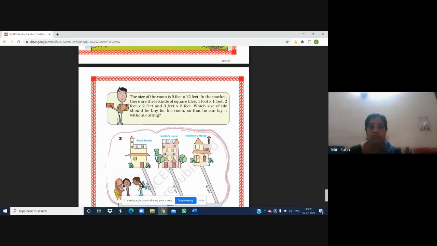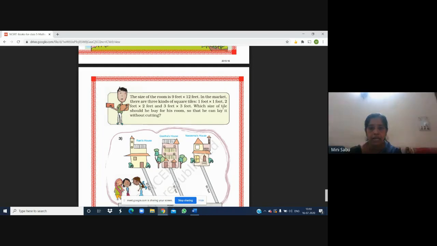Okay. And one is 1 foot into 1 foot. Suppose the length of the room is 9 feet. If he buys 1 foot by 1 foot, using 9 tiles, he can cover the length. Using 12 tiles, he can cover the width.